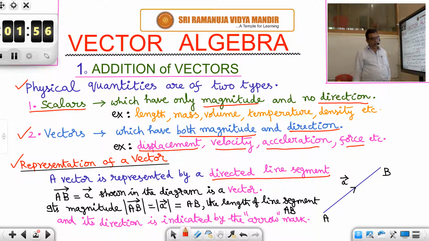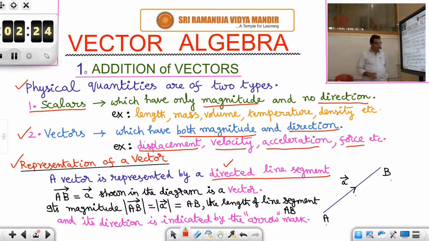That is called a line segment, and it has two endpoints, A and B. But here we are saying directed line segment. That means we have to put an arrow mark to indicate the direction. So we can put the arrow from A to B or from B to A. One of the directions we have to choose. So this line segment will represent a vector.